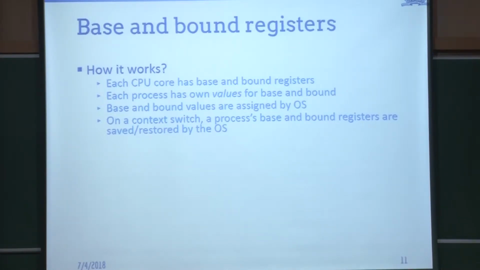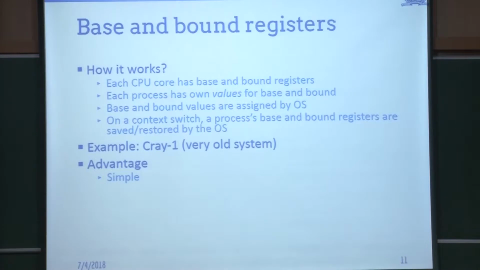The operating system is responsible for making sure each process has its own values, and whenever that process starts running, it updates the base and bound registers in the hardware to put the right values in. There are very old machines that used this kind of virtual memory, like the Cray-1.